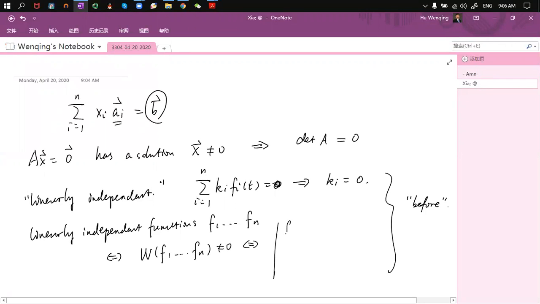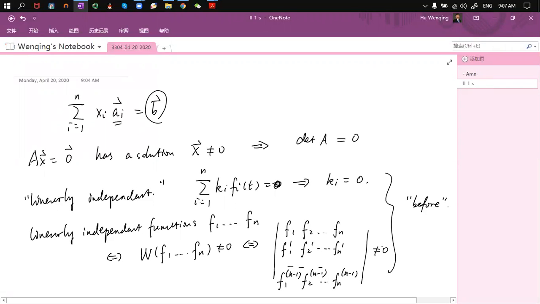That is, the determinant of the matrix with rows f1, f2 up to fn; f1 prime, f2 prime up to fn prime; up to the (n minus 1)th derivatives of f1, f2 up to fn, is non-zero. So the Wronskian is non-zero.